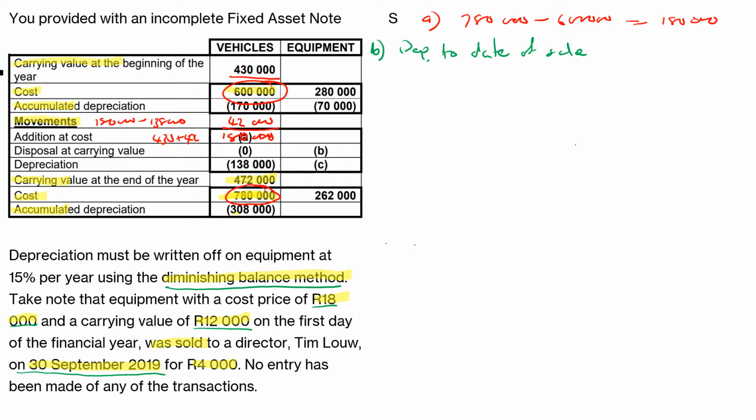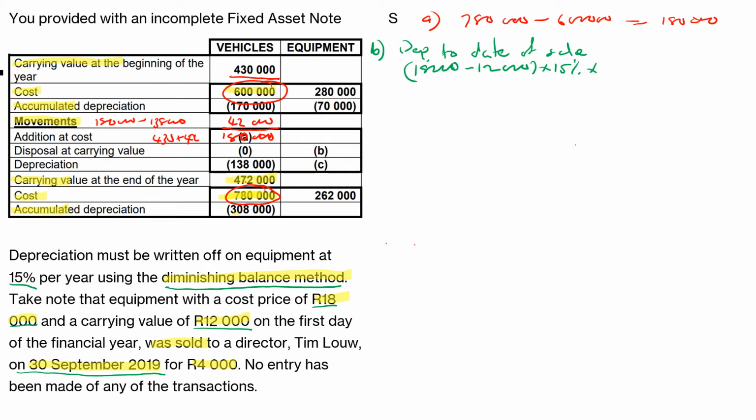That's 18,000 minus 12,000, all multiplied by 15%, which is this percentage, times... if the year is ending on 31 December 2019, that means the year started on 1 January. So we were using this particular equipment from January to September, since we sold at the end of September.